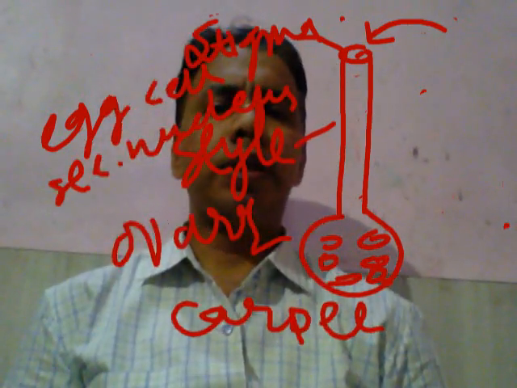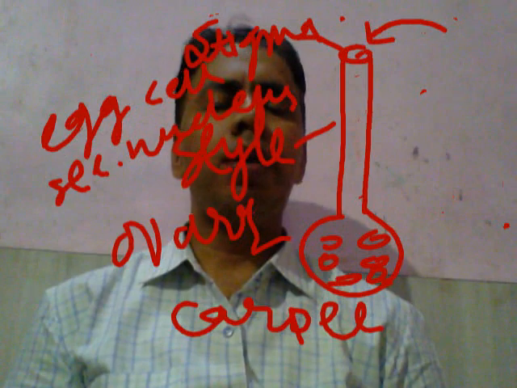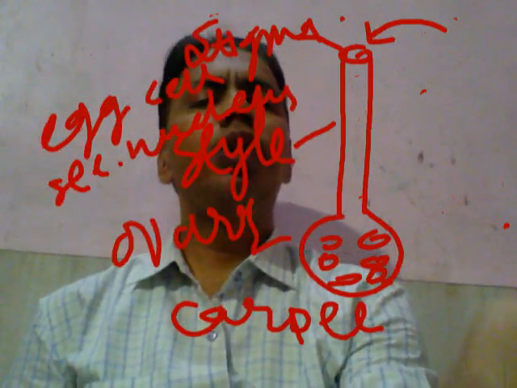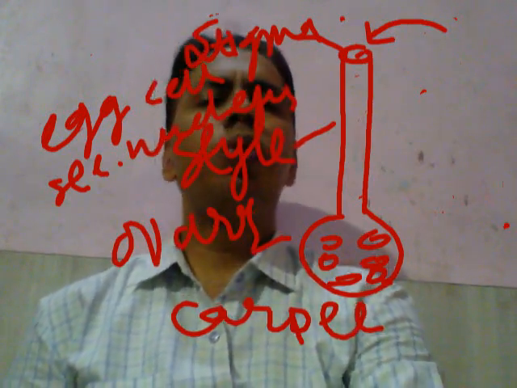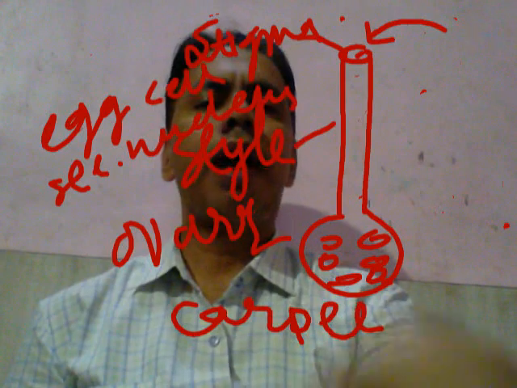Now what will happen to the male gamete produced in the androecium? That pollen grain is going to be transferred to the female part known as the carpel.